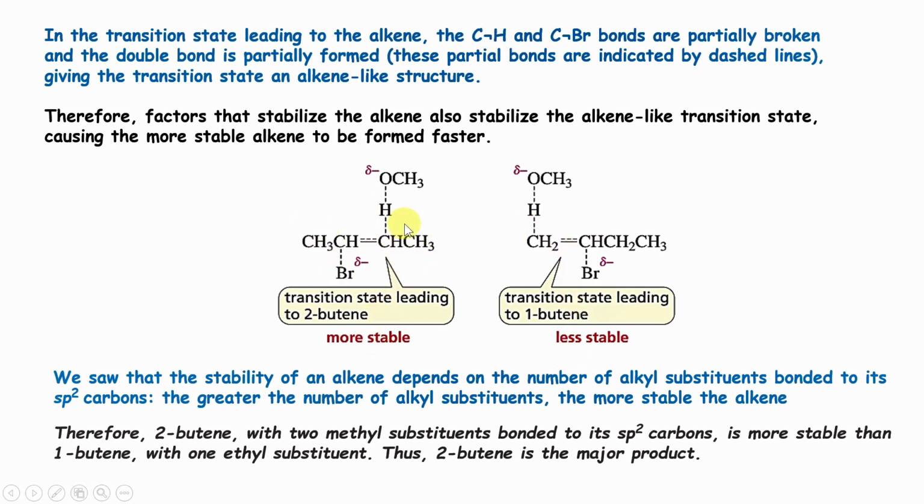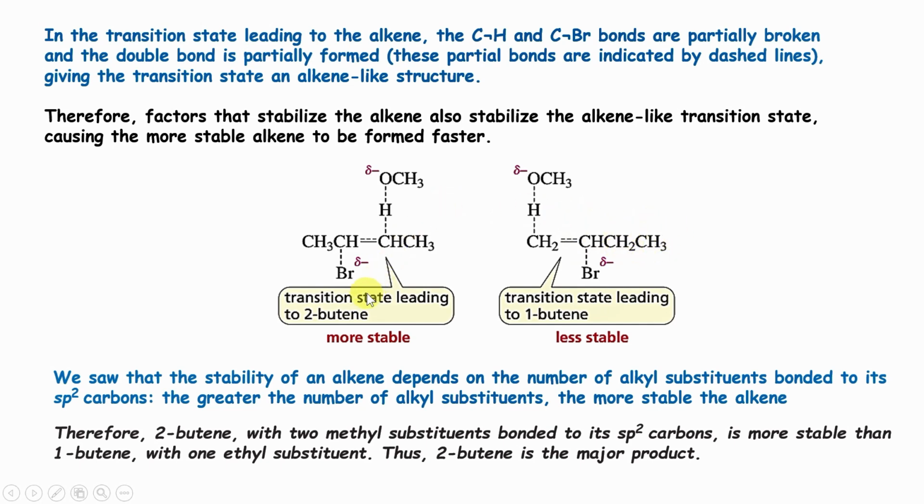This transition state is more stable because each of the sp2 carbons contains one methyl group having a plus inductive, or electron-releasing, effect, that is hyperconjugative effect and also plus inductive effect, whereas in this transition state only one of the sp2 carbons contains an alkyl group, that is an ethyl group.